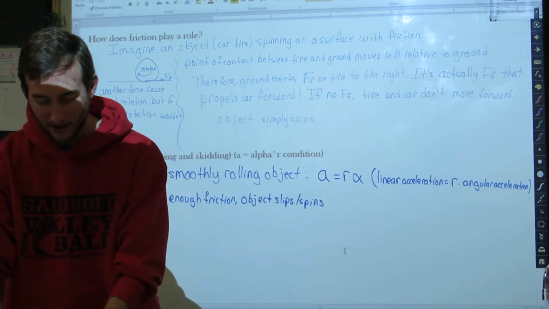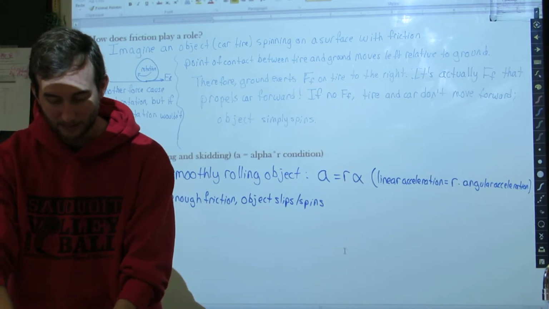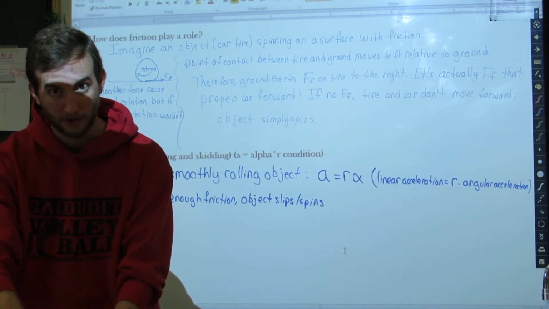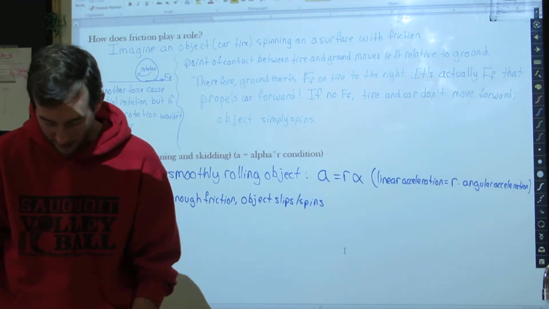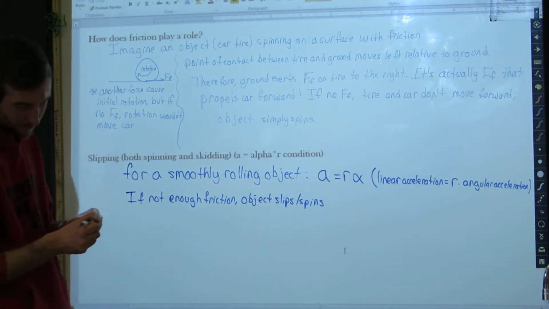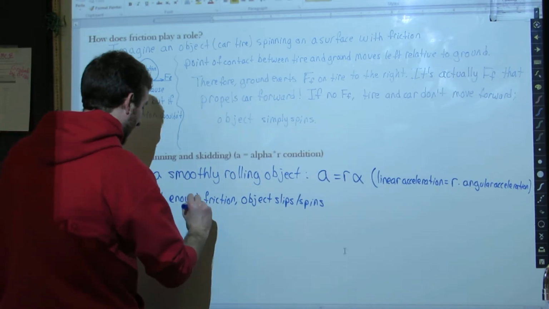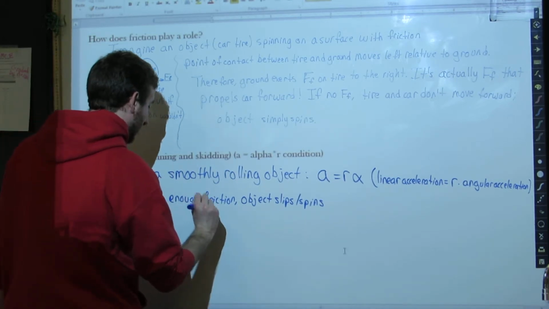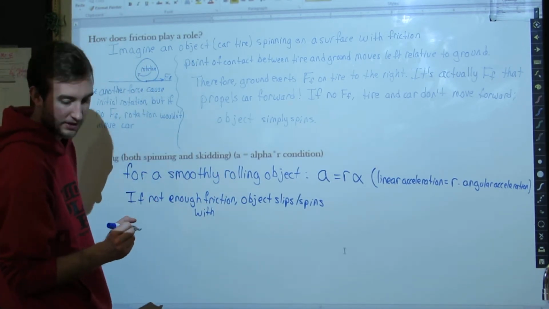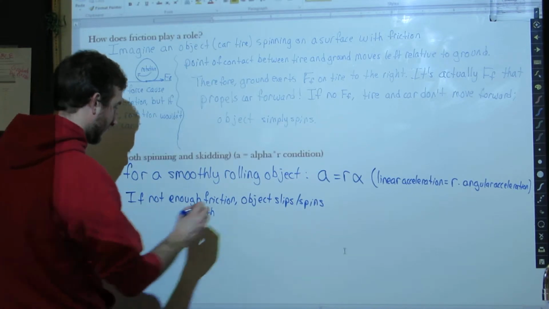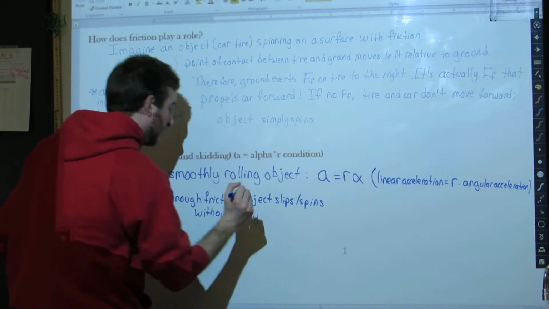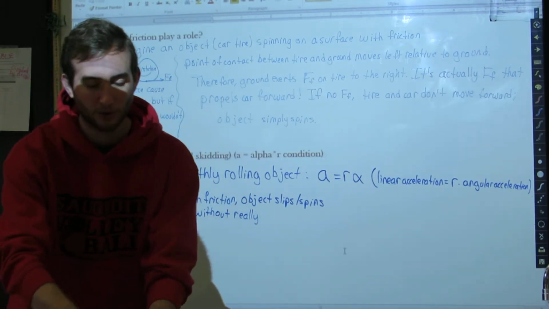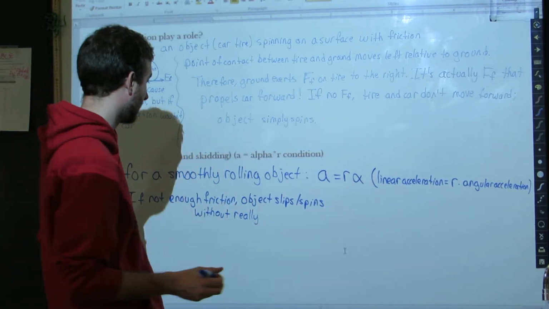Every once in a while the object will spin a little bit too much. It'll rotate more than it actually translates. Again, this is like your tires spinning when you're trying to pull away from a stop sign a little too quickly. The object doesn't really move anywhere. It starts rotating more than it translates.